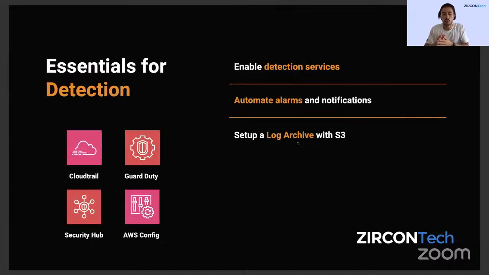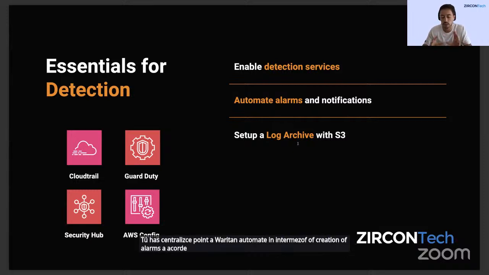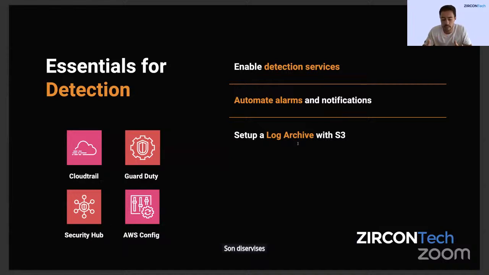So now we move on to enabling detection. And this is really the ability to configure services and also our application to log, ideally, to a centralized point where we can automate the creation of alarms according to the information that's coming in. So these services will provide insights of our account and will become very valuable as our list of resources grows.